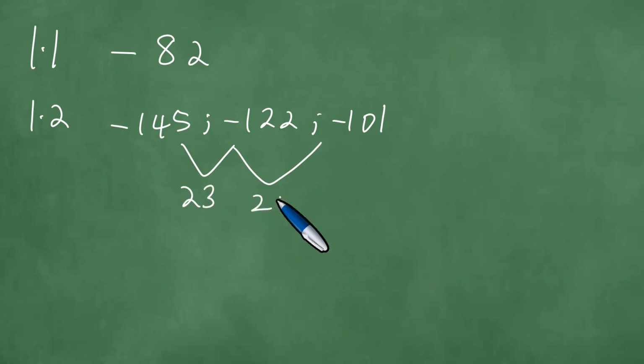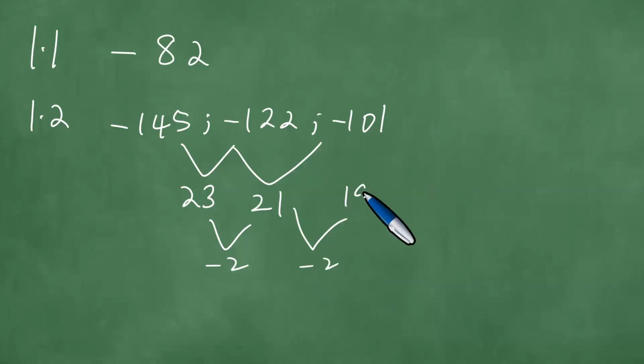The first differences are 23, 21, and the second difference is minus 2, minus 2. Then you have a 19 there. We have seen here that we have a minus 82.